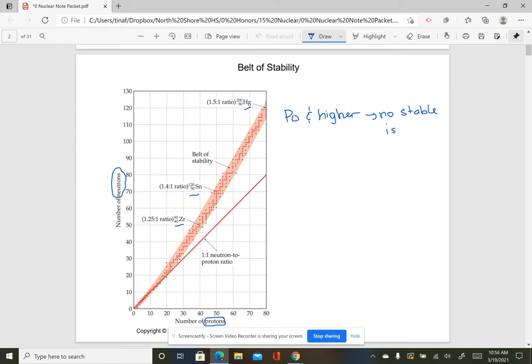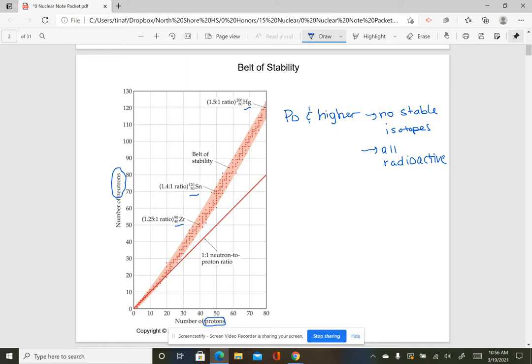Like mercury 200 is stable, and then there are other heavier isotopes of mercury that are unstable, but at least mercury has 1 stable isotope. Anything polonium or higher is going to be all radioactive, no matter what the size of the isotope is.